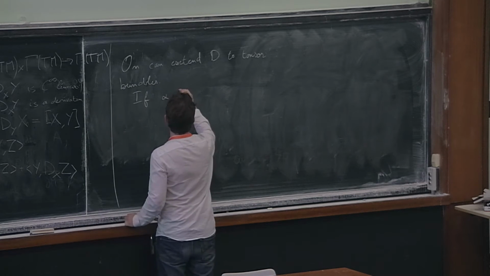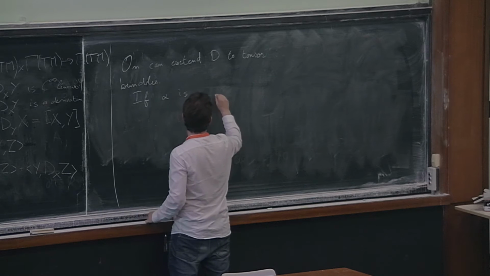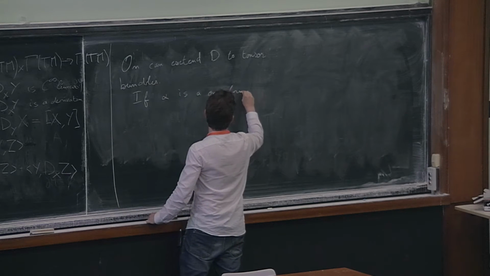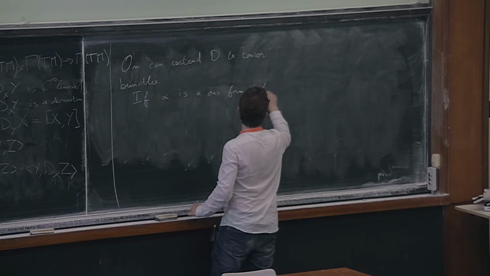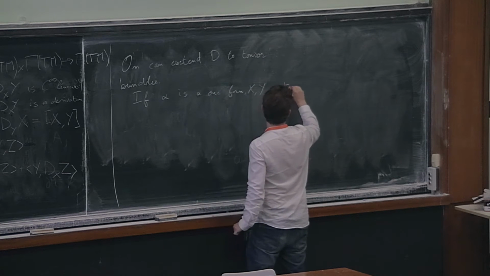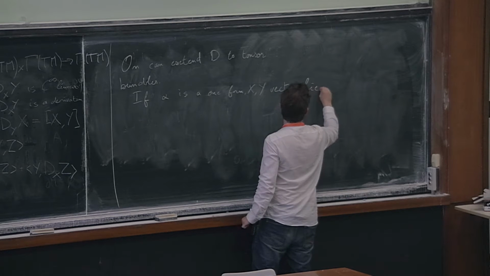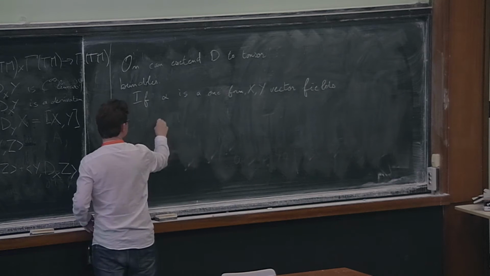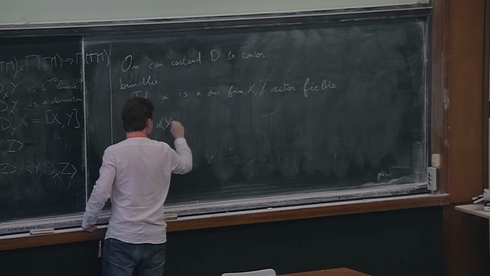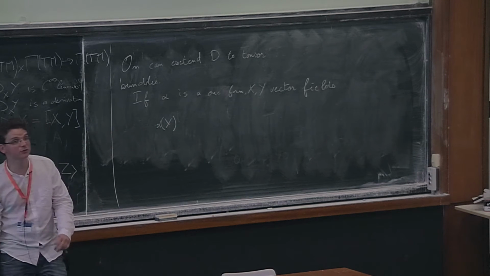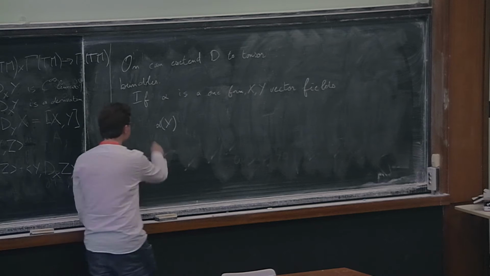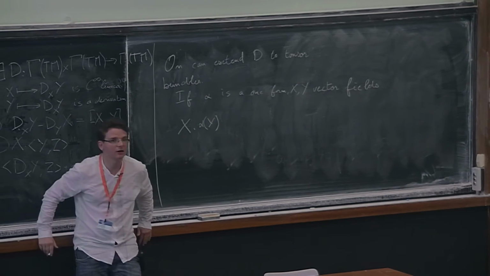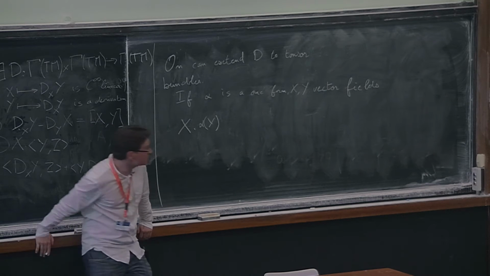So, for instance, if α is a one-form and X, Y are vector fields, I can take α(Y), which will be a smooth function on my manifold, and I want to differentiate that. So I take X applied to that, and I want the Leibniz rule to hold.